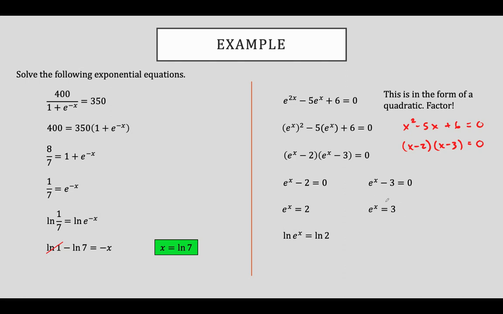And for my second portion, I have the natural log of e to the x is equal to the natural log of 3, giving me x is equal to the natural log of 3 for my final answer. So, two solutions for this quadratic: x is equal to ln 2, and x is equal to ln 3. There you have it, solving exponential equations.